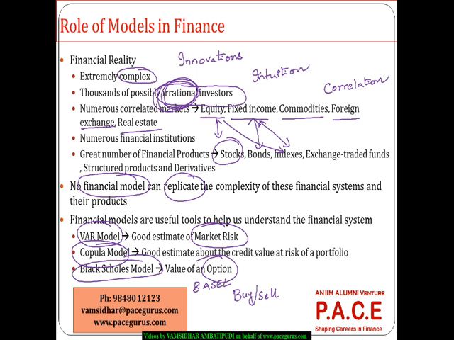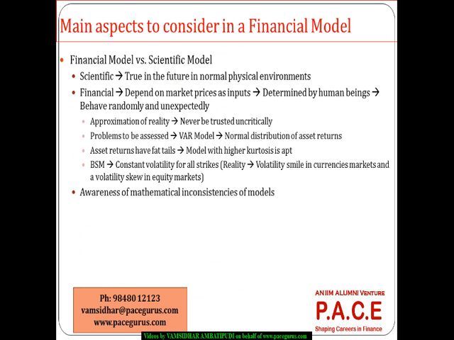And we have Copula based models, which are very good estimates of the credit value at risk, looking at the default of credit portfolios. We can depend on Copula based models. So it's not that the models are not there, but one single model may or may not address the entire gamut of markets and the entire gamut of products that are getting traded on each of these markets. Now, if I have to build a financial model, what is it that I really need to see?